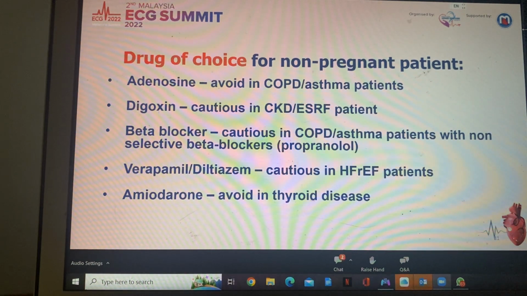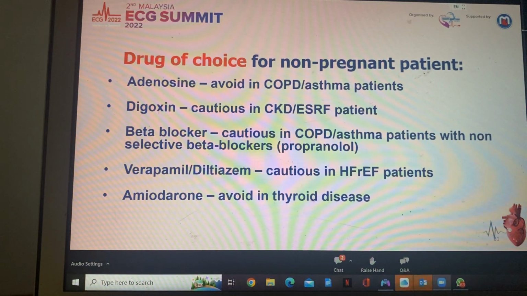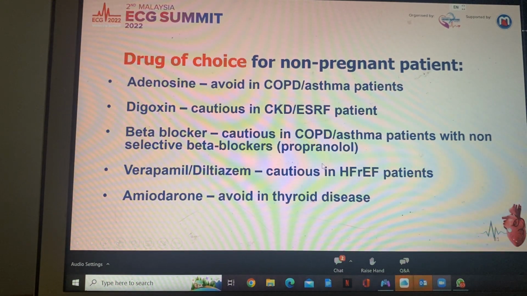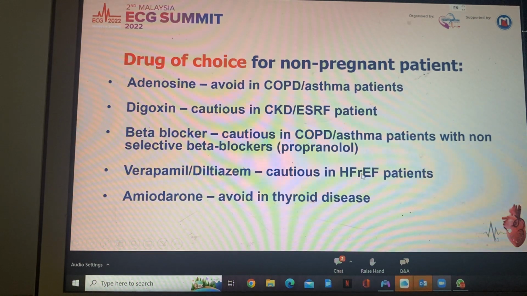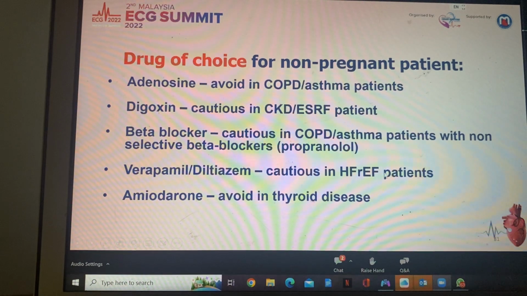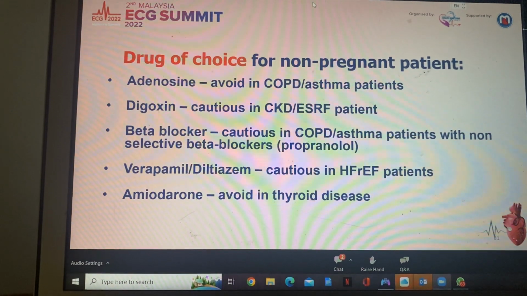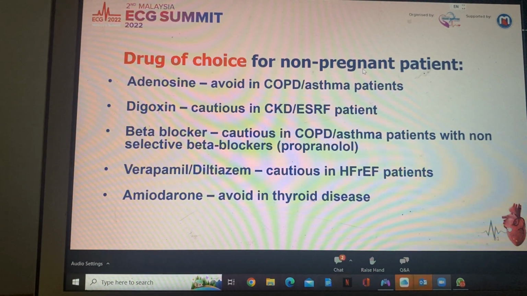So we settled one problem and caused another problem. So remember, be familiar with your drugs, do no harm. Digoxin, be cautious with end-stage renal failure patients. Verapamil and diltiazem, be cautious with heart failure patients. Amiodarone, avoid in thyroid disease.